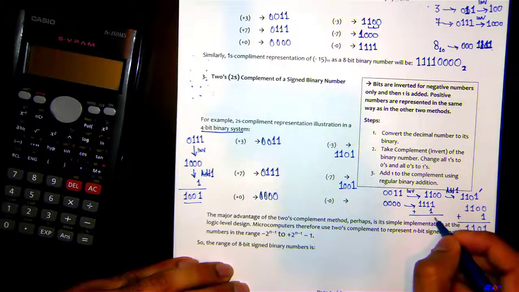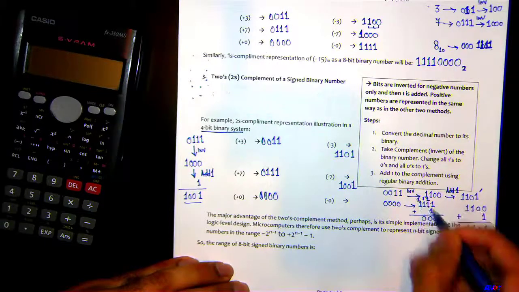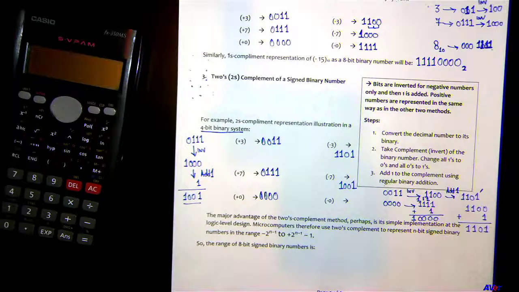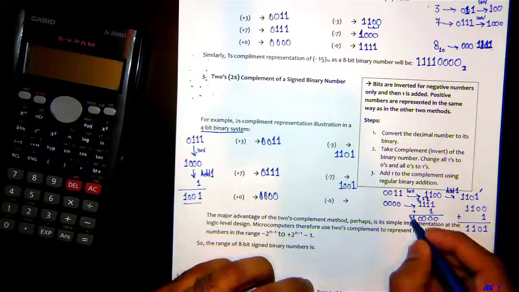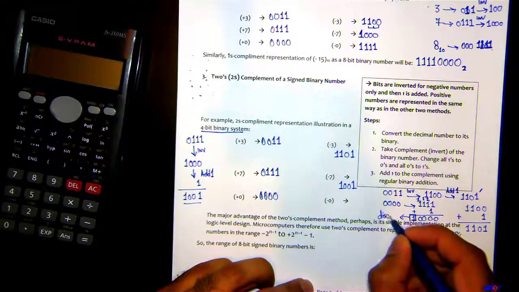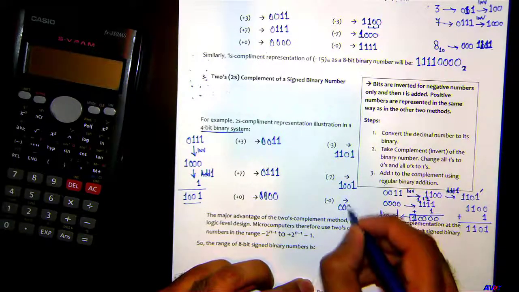So what do you get? 1 plus 1, sum is 0, carry is 1. What happened when we were taking the 2's complement of 0 in a 4-bit system is that it actually generated a 5-bit number, right? So this 5th bit on the leftmost side, we're just going to discard it. So it comes out to be 0000.